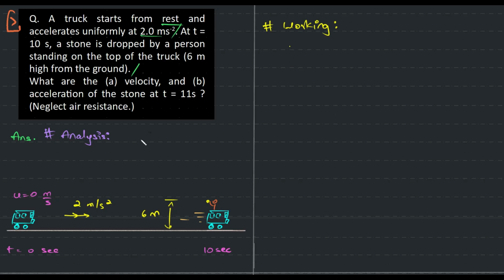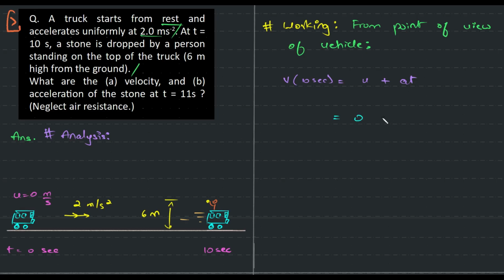Okay, so first thing is, let's see what the status of the vehicle is at 10 seconds, because from there is where we are looking at the stone's journey. So from the point of view of the vehicle, we have V, the final velocity at 10 seconds, equal to u plus at, which is what we are using.